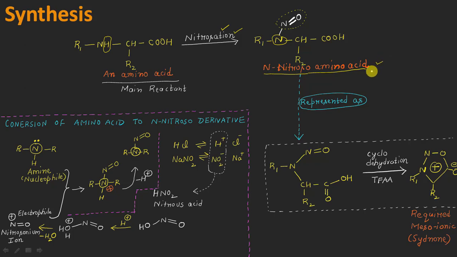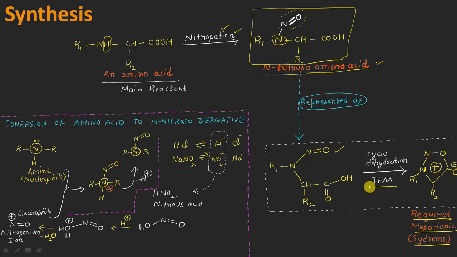And after that, you can see here on your screen that we can always represent this type of structure in this type of structure here, and carrying out the cyclodehydration using some dehydrating agent such as trifluoroacetic anhydride, with a similar type of mechanism which we have discussed at least 2 to 3 times in our previous video lectures, it will result in the formation of this required mesoionic sydnone molecule.